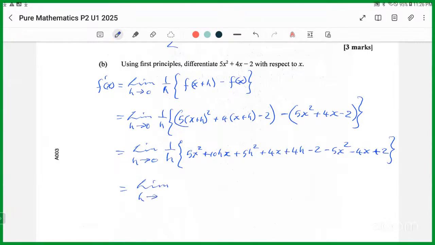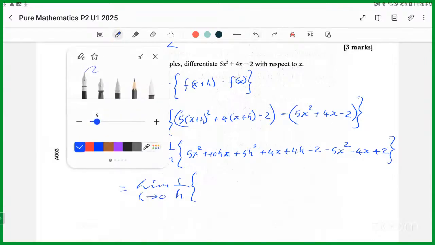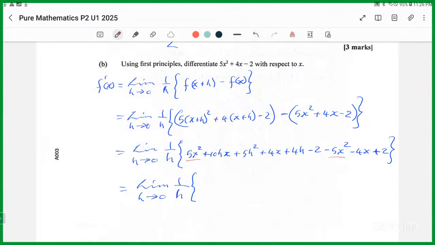This becomes the limit as h tends to 0 of 1 over h. Some stuff will start to disappear now. So this 5x squared cancels this 5x squared. Let's underline the ones that will disappear. This cancels that, and then this 4x cancels this 4x. This negative 2 cancels that positive 2. So now I am left with just these three terms: 10hx, 5h squared, and 4h.